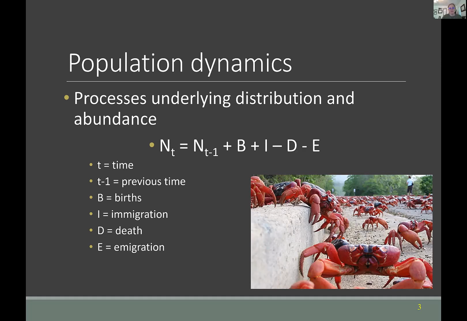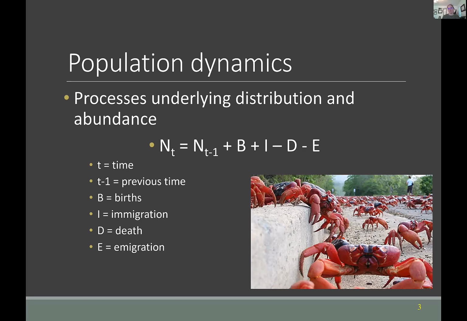So the equation that we have here is N at a given time. So Nt would be the time now, so the size of the population right now, equals Nt minus 1, which basically means some previous time before.